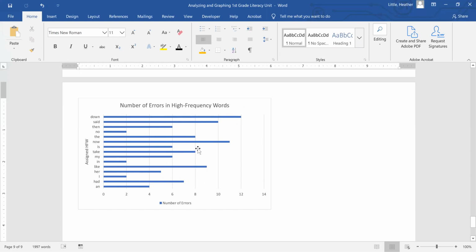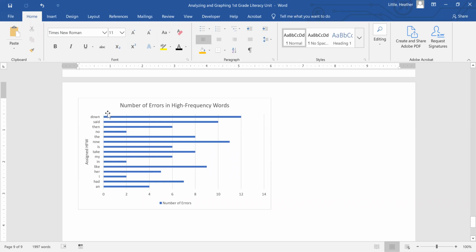If I look at this, here are our words that have the highest number of errors, and so these would be the words that I would really want to focus on in those activities. So my application would be to focus on down, now, the, said, like, in those particular activities in this particular unit.